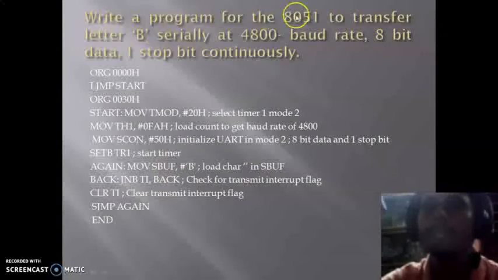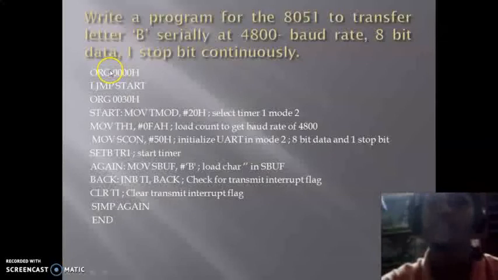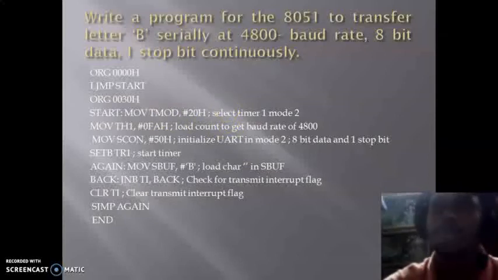Write a program for the 8051 to transfer the letter B serially at 4800 baud rate, 8-bit data, 1 stop bit, continuously. So that is the origin address that is started, and first we will select timer 1 and mode 2 by writing 20H into TMOD so that it selects timer 1 and mode 2.